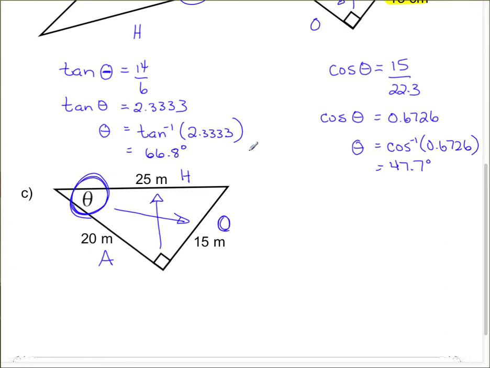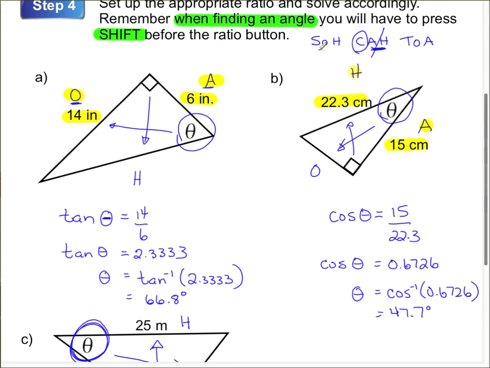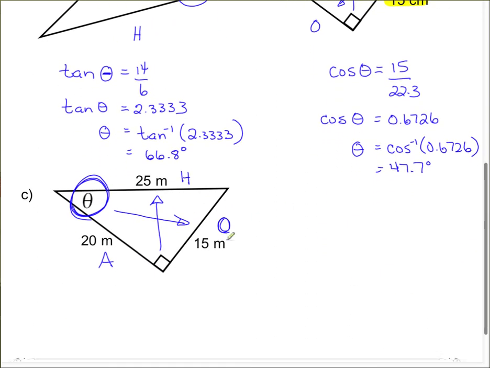So since this one used tan and this one used cos, I'm going to choose to use sine. And sine, let's look up at that Sohcahtoa. Sine up here is opposite and hypotenuse. So I want to use the opposite side and the hypotenuse so that I use sine. So here I'm going to write sine first, and sine, cos, and tan always need an angle, whether it's the angle we're finding or the angle we're using.